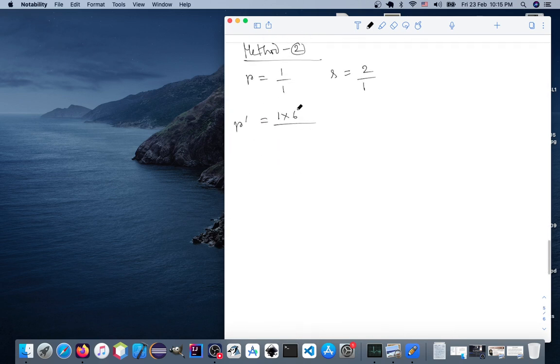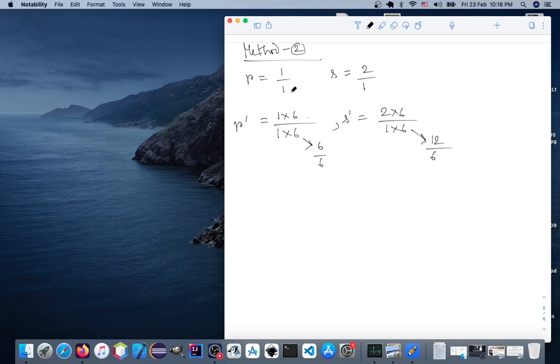So we multiply with 6, and R dash becomes 1 into 6 by 1 into 6, and S dash becomes 2 into 6 by 1 into 6. This becomes 6 by 6 and this becomes 12 by 6.